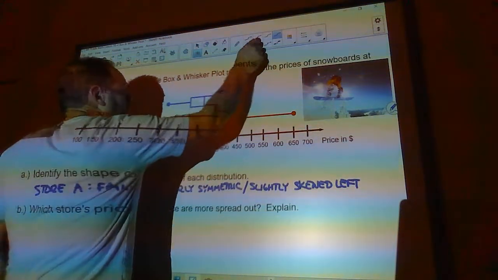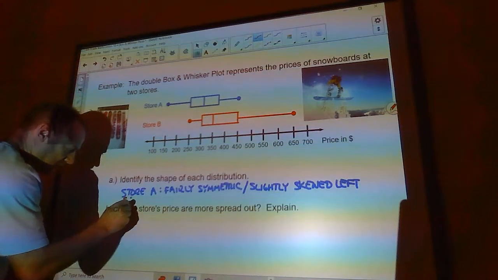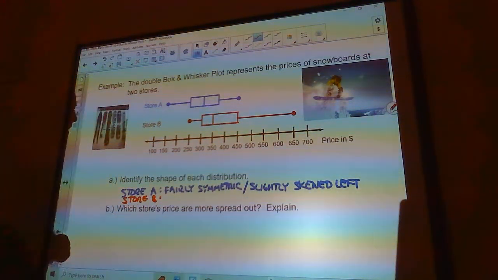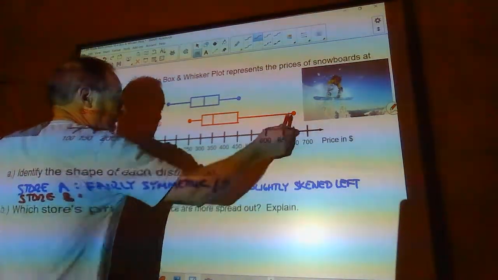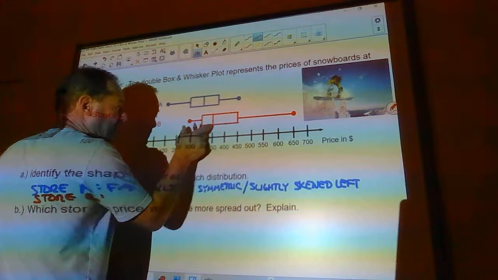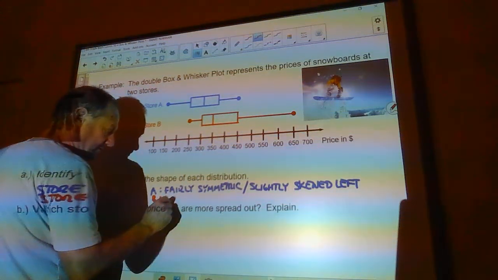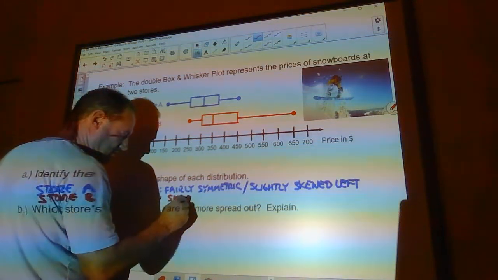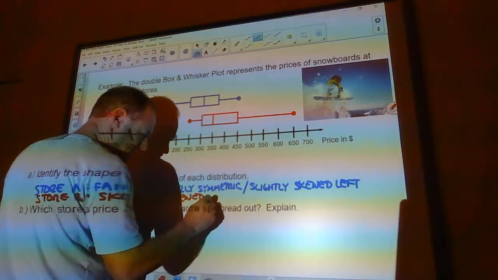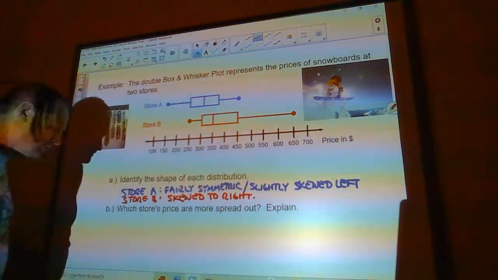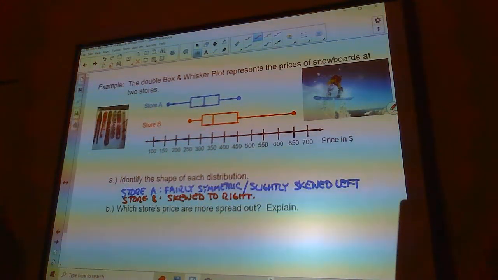Okay, now if we look at store B, that is not symmetric. That is definitely skewed to the right. It's got a tail out here. Most of the data is on this side, so it's definitely skewed to the right. Which store's price is more spread out? Explain that.